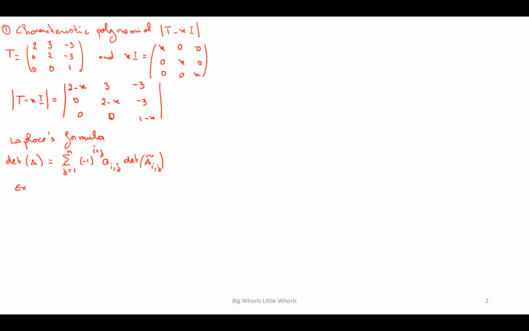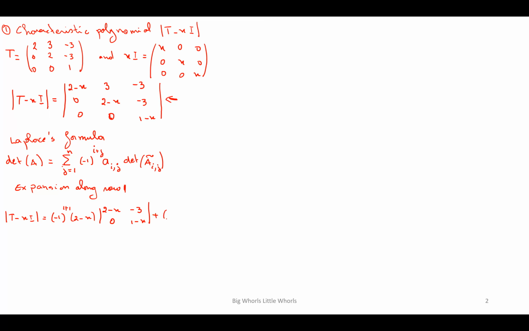So let's do the expansion along row 1. We are working with this matrix. The determinant of T − xI is going to be equal to (−1)^(1+1) multiplied by (2 − x) times the determinant of the minor, deleting row 1 and column 1: 2 − x, 0; −3, 1 − x.